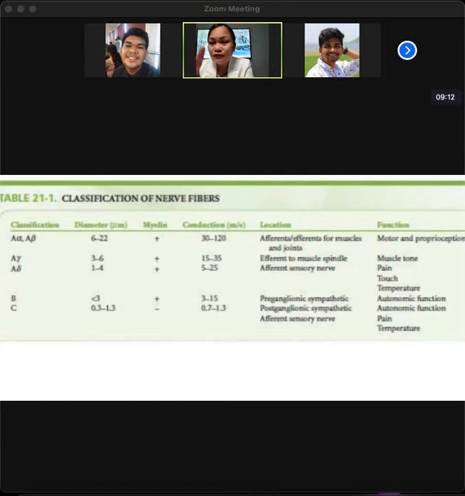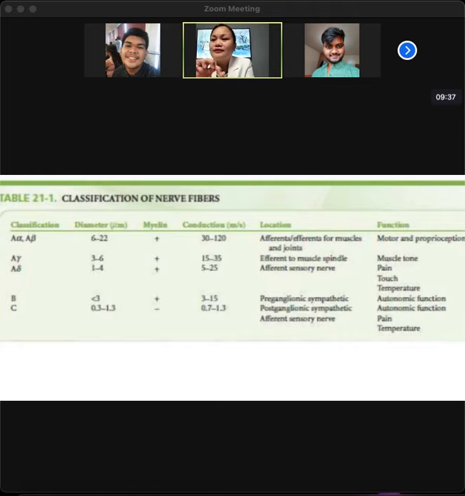Di ba? Dalawa silang for pain. For A delta, since these fibers are bigger, mas mabilis yung conduction ng impulses. So it is more responsible for your fast pain conduction. While your C fibers is responsible for your slow pain kasi mas maliliit sila.